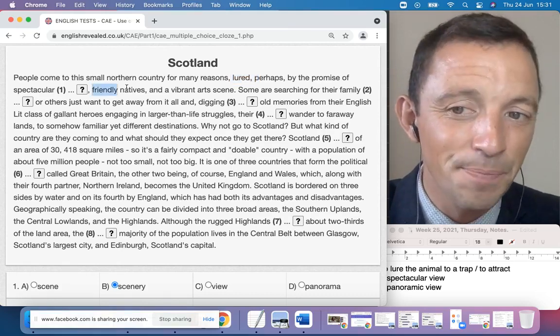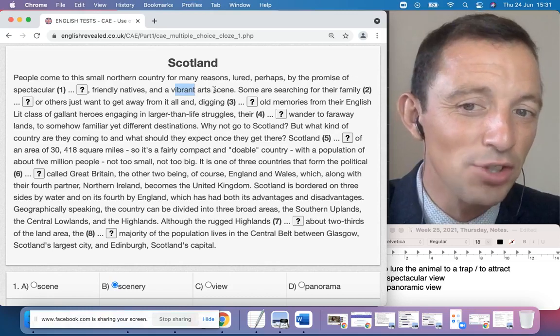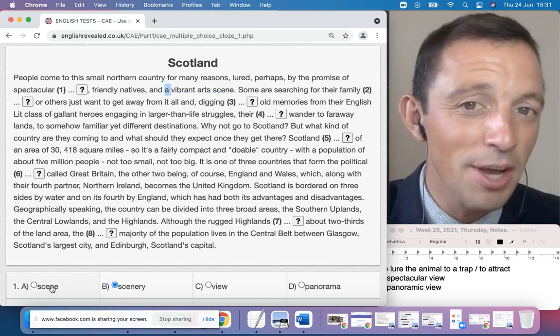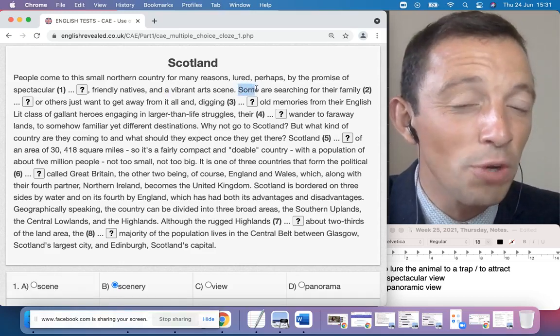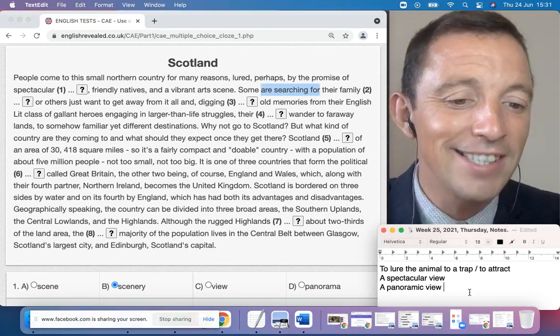Friendly natives and a vibrant arts scene. So here we have the noun scene, and you need the article, similar to the first point in the option. The next sentence: some people are searching for, that's the present continuous, are searching for, are looking for, are seeking.